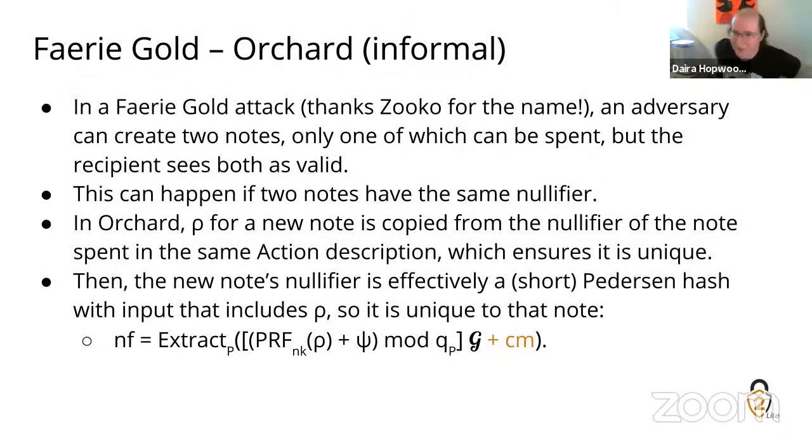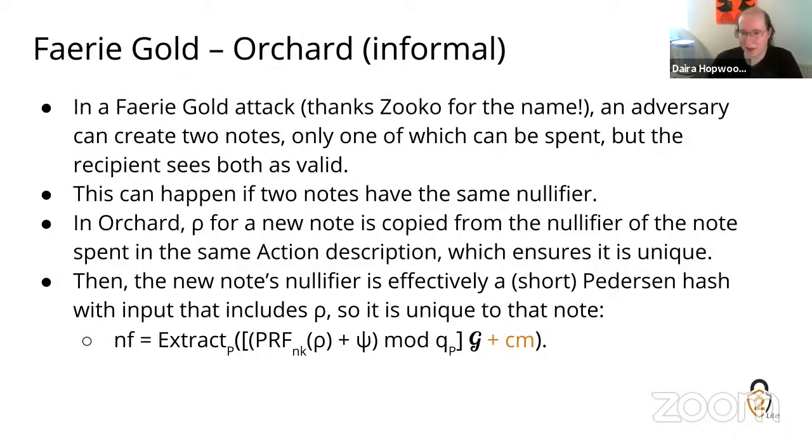So the last thing that we need to do, we're nearly done, is a Faerie Gold attack. So thanks, Zuko, for coming up with the name Faerie Gold. That's where fairies give you some money and it turns to leaves in the morning. So this attack can happen if two notes have the same nullifier.